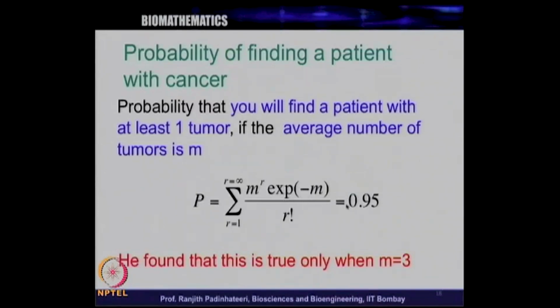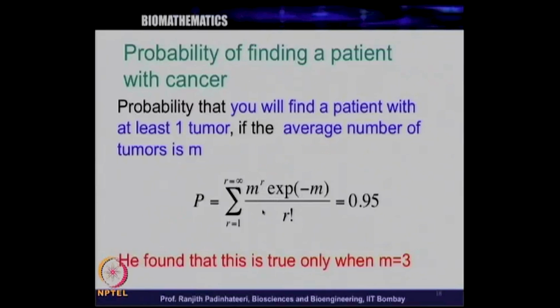You can ask this question, and you can do this for different values of m. Knudson wrote a table for different values of m and r, and he did this sum, and he found that this equation is true only when m is equal to 3.